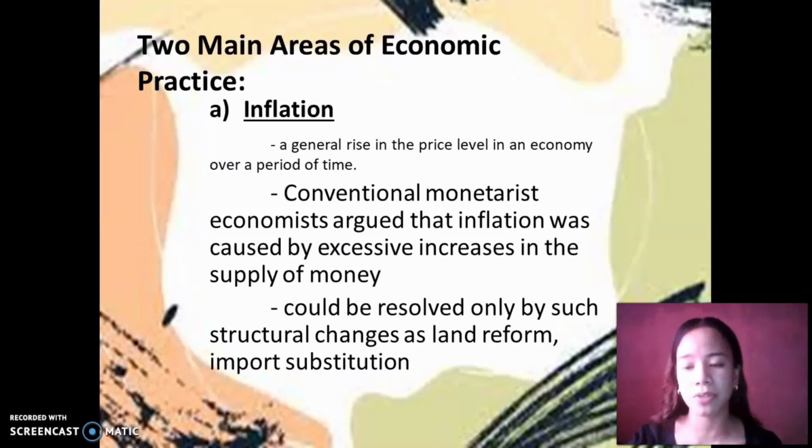It could also be resolved through education and improved fiscal systems. So example ng inflation kay itong nahitabo sad sa Latin America. Latin America had experienced inflation of from 80% to 100% per year. So grabe jud na pagmahal sa ila dito.